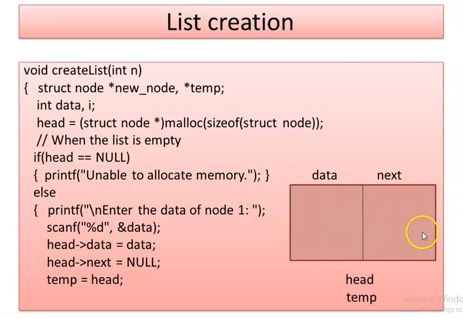So the name of this node is head as well as temp, and 3000 is stored here. What does it mean? This is the first node, and the new node that is being created is attached to this portion. Because if we store 3000 here, there will be a link from this portion to the next node 3000. So that link is formed. So now the list becomes lengthier by one more node.